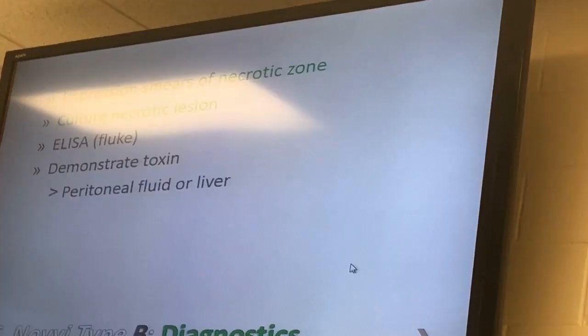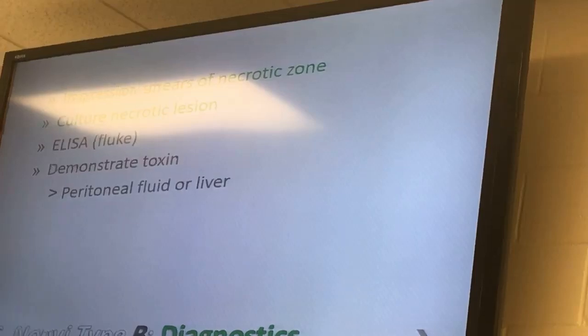So impression smears of the necrotic zone, and we can also culture that necrotic lesion. If you don't see the fluke, you can also do an ELISA to determine what fluke you're dealing with. You can also confirm your diagnosis of Clostridium by demonstrating the toxin in the peritoneal fluid or the liver.